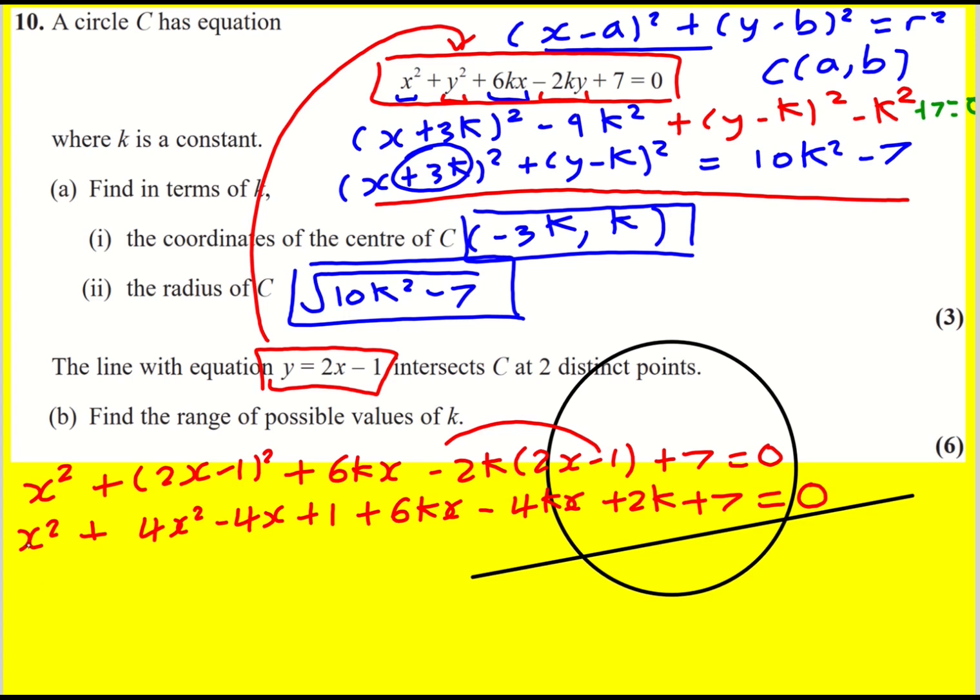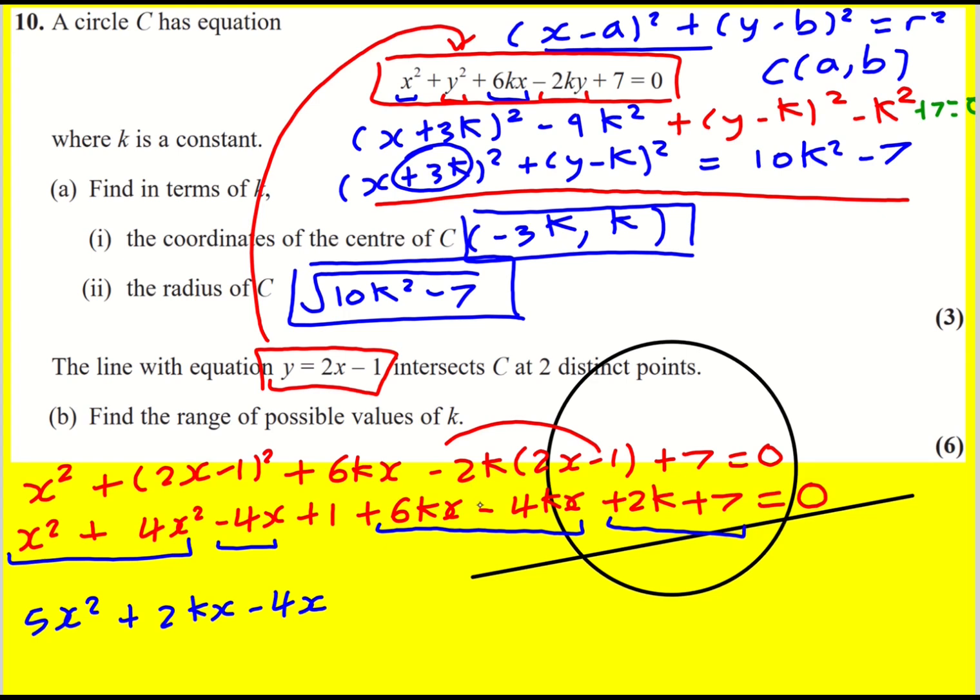Right, and then I'm going to write it as ax squared plus bx plus c equals 0, so I can use the discriminant. So I've got 5x squared, then minus 4x, and then these are my other x terms, so it will be plus 2kx minus 4x.